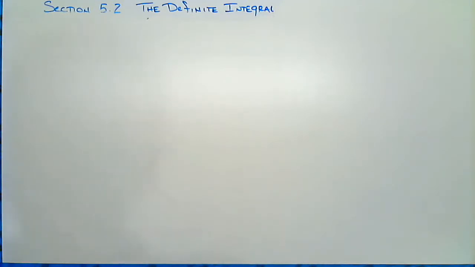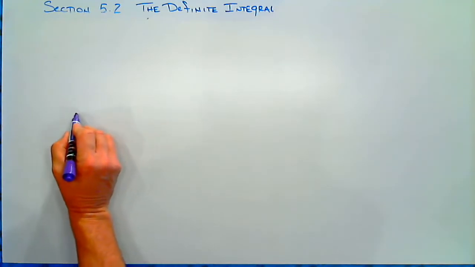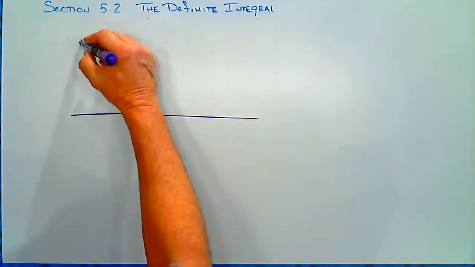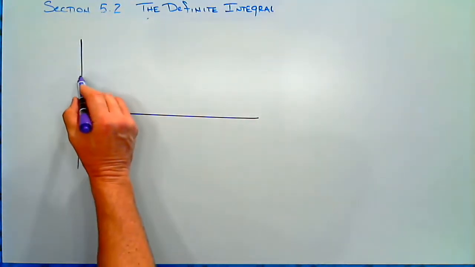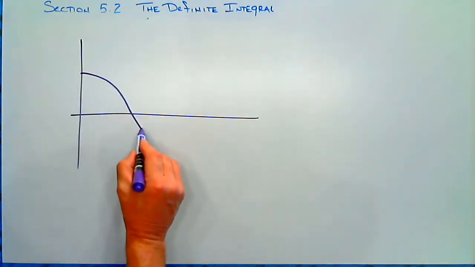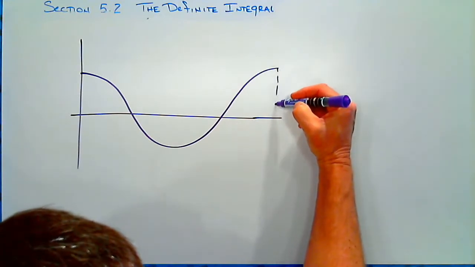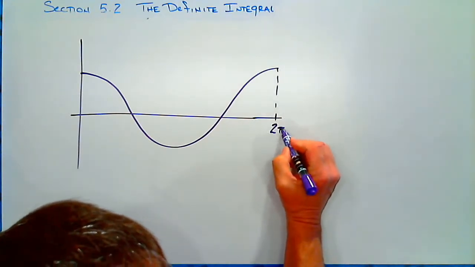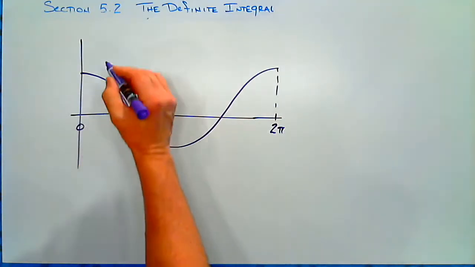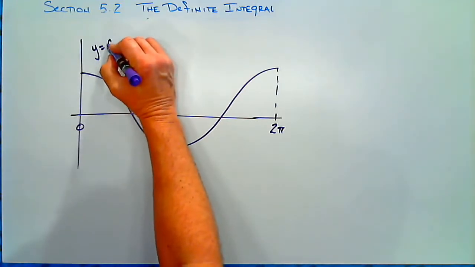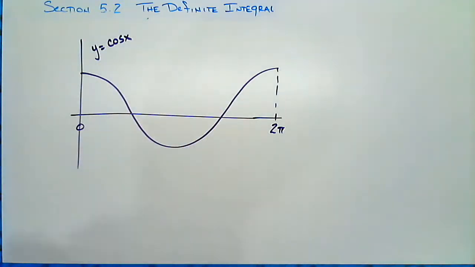We'll just start with a graph that looks something like cosine. We'll pretend this is cosine. This is 2 pi. This is 0. This is y equals cosine x.